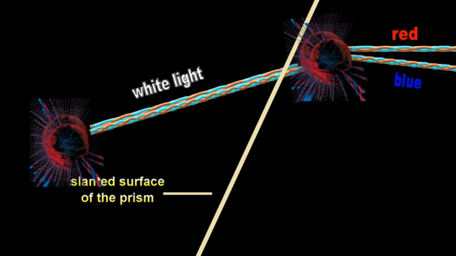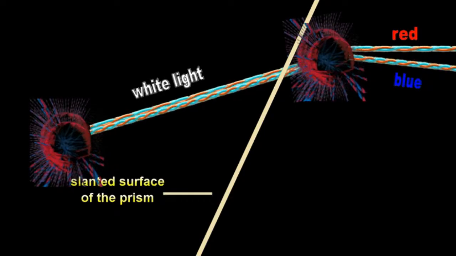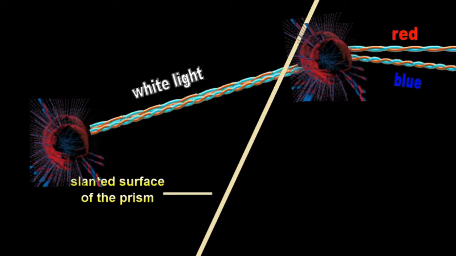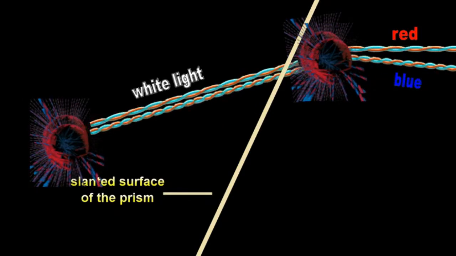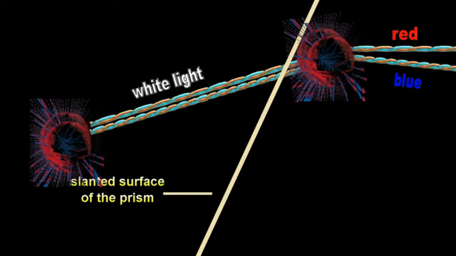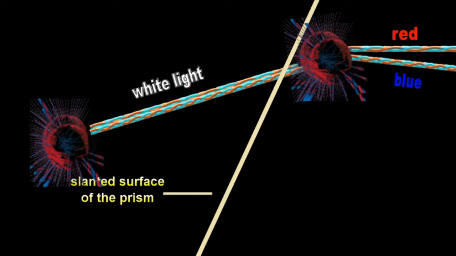White light is composed of different colors of light, meaning that each one has a different wavelength. The one on the top has a longer wavelength than the one on the bottom, if you can see there. The red one has a longer wavelength, the blue one has a shorter wavelength, meaning link length. The links are shorter, so you have more frequency for blue and less frequency for red. That's what I'm showing there.